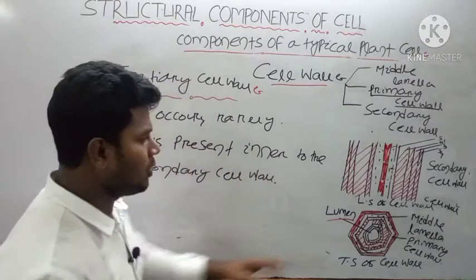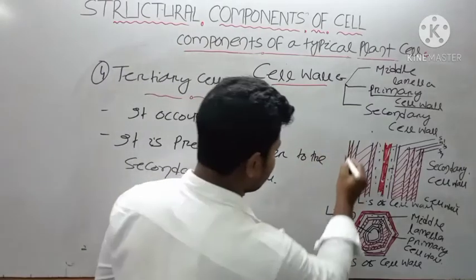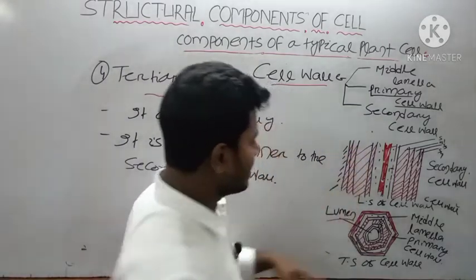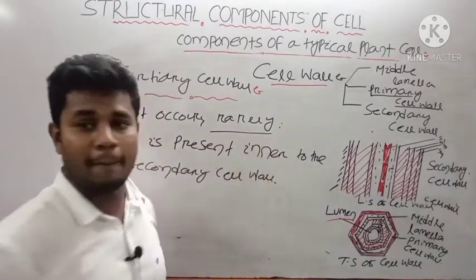That is, if there is a tertiary cell wall, then it will be present here only, after the secondary cell wall, but it is present rarely, not present in all plant cells.